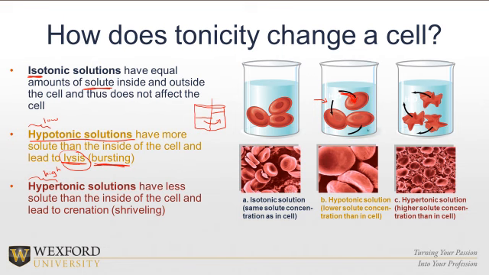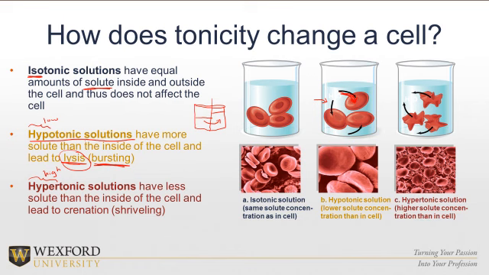Back to the original point: in a hypotonic solution, the water is going to flow out of the solution and into the cells, perhaps even making them burst, or lyse. What if it's the reverse? What if we have a hypertonic solution? Then the cells are going to shrivel up, because the water from inside the cells is going to want to go out into the solution to try to make it isotonic.